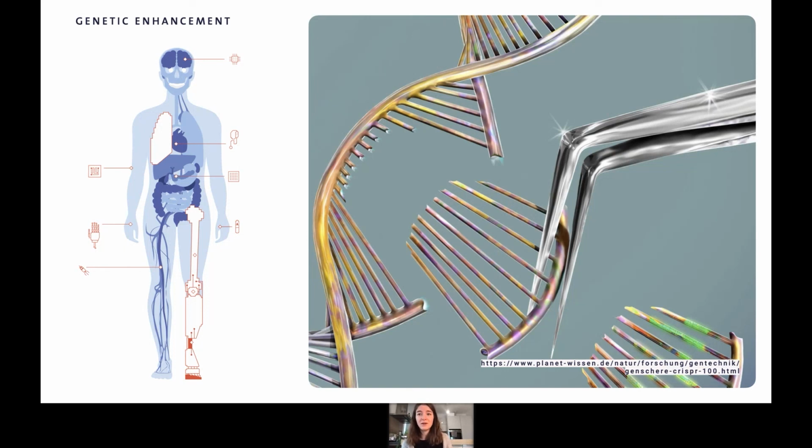There could also be a huge gap, and we don't know what kind of bad effects this enhancement might have in the long term if people change their DNA.